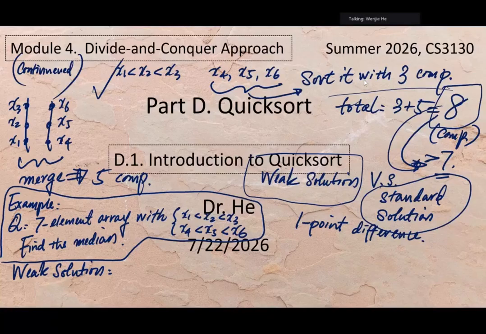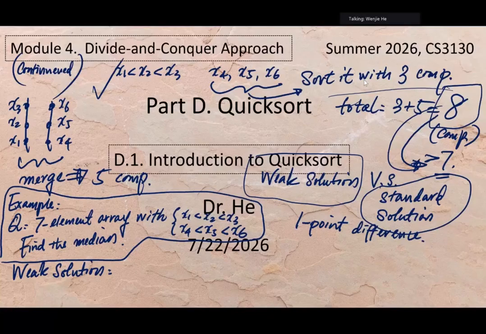In general, it is relatively easy to find this version of solution. For the standard solution, you may need to do some special and smart data arrangement. Not trivial. So here, I'll give you two versions. You can compare the difference.